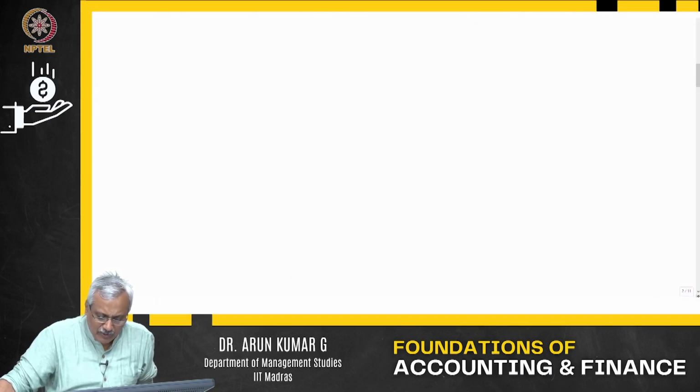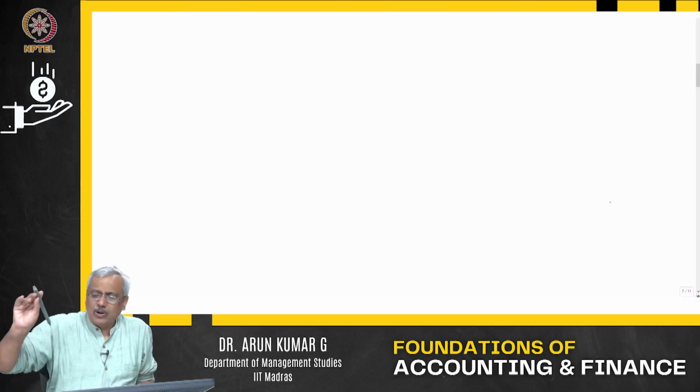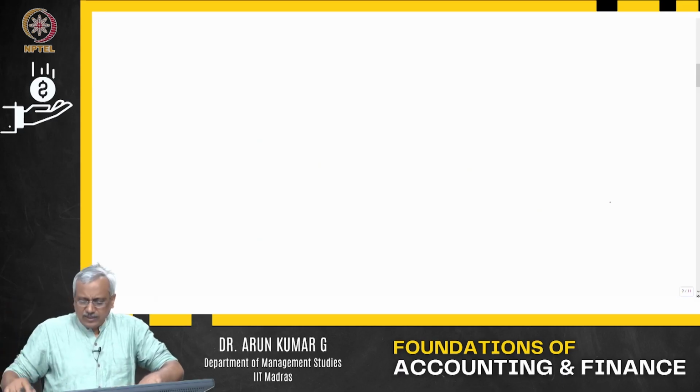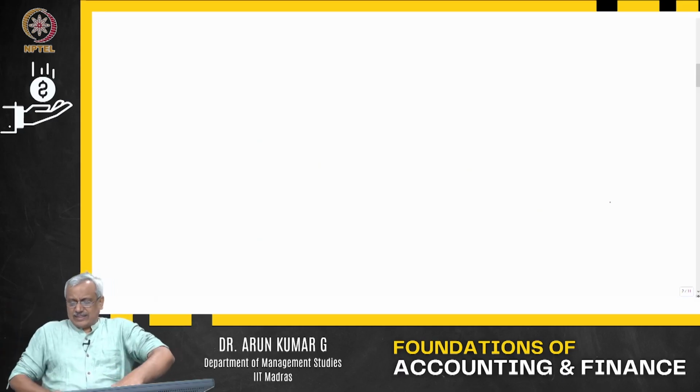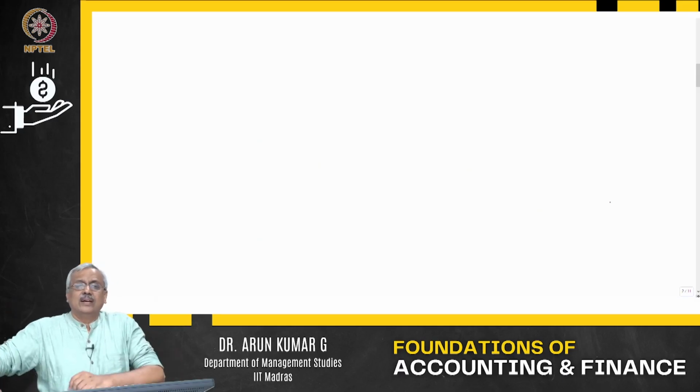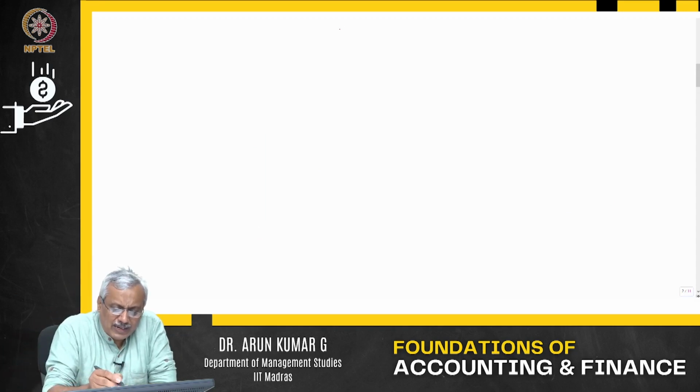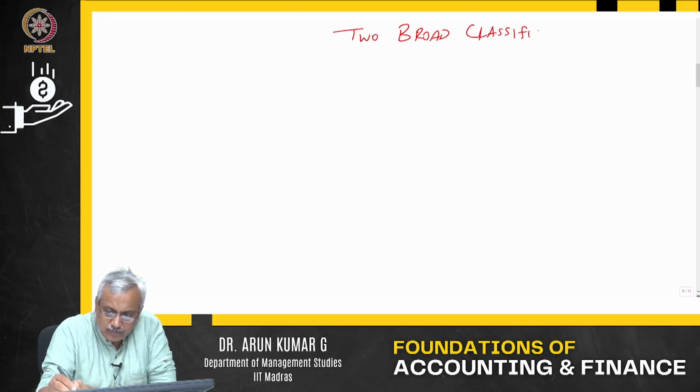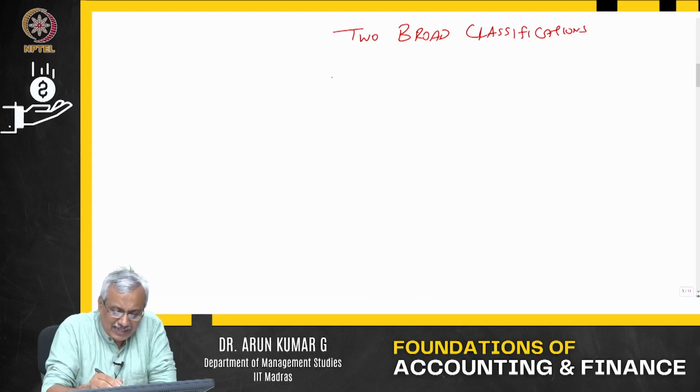But before we get into it, I am going to talk about one more aspect. Normally, when we talk about assets or liabilities, we have two broad classifications. Normally, the classifications are long term or short term.